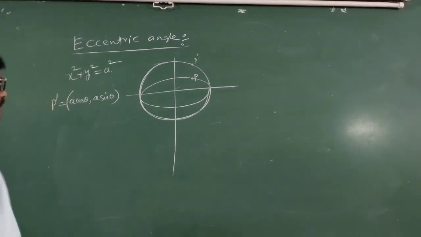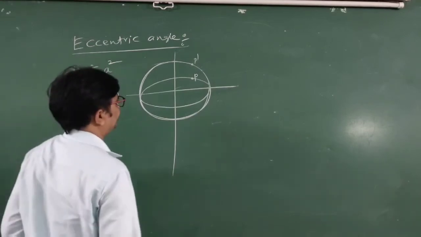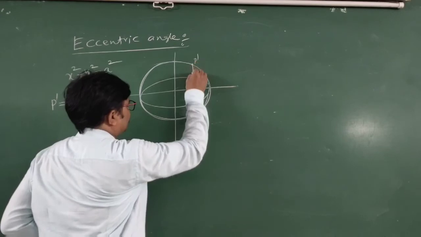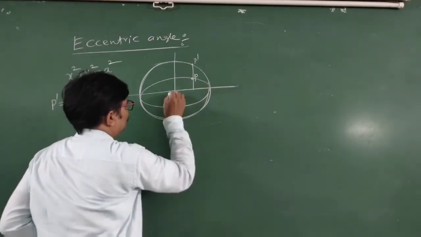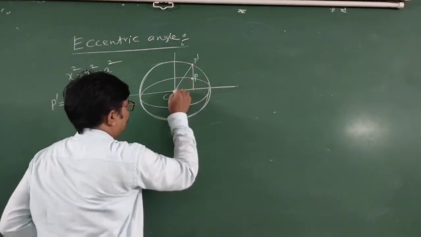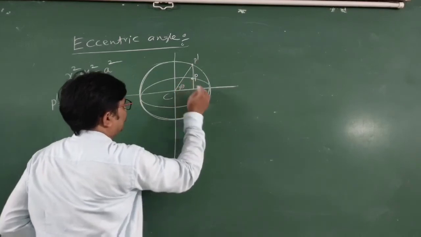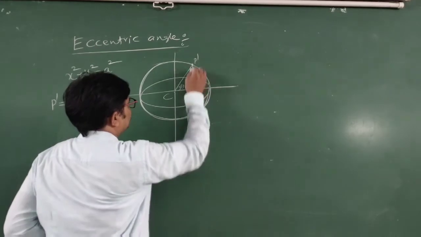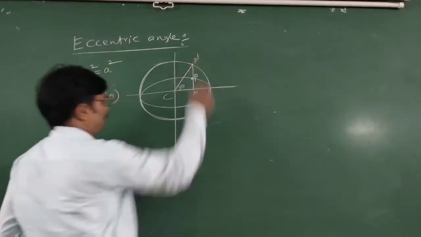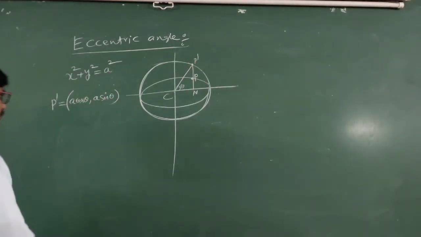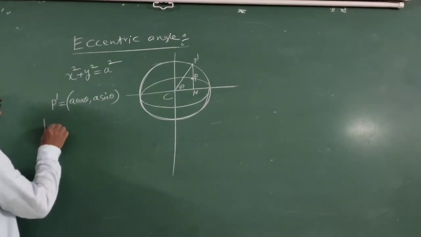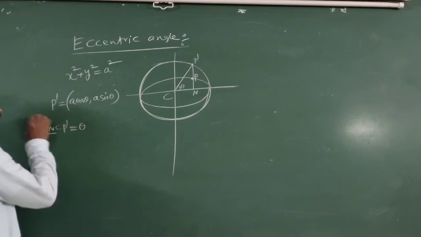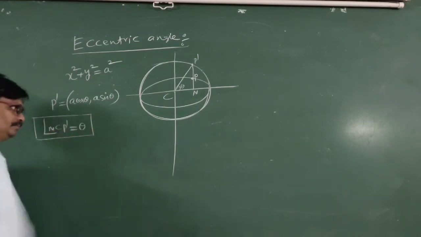Now here what we observe is that the corresponding point of P on the ellipse lies on the auxiliary circle. So my dear students, this is the center. Everybody knows this theta is the angle NCP dash, and theta is called the eccentric angle.